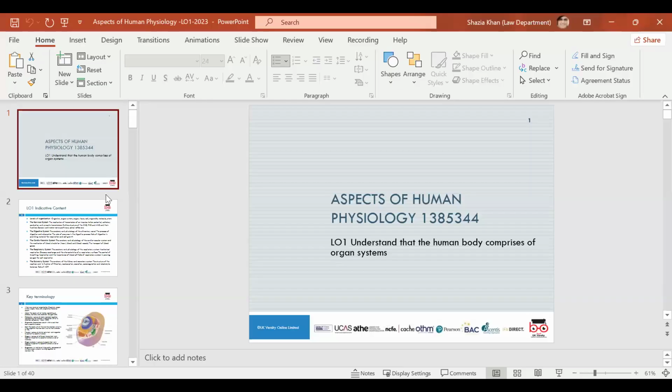Right, just a minute. Can you see these slides, Faustina? I can see it, but it's not legible.